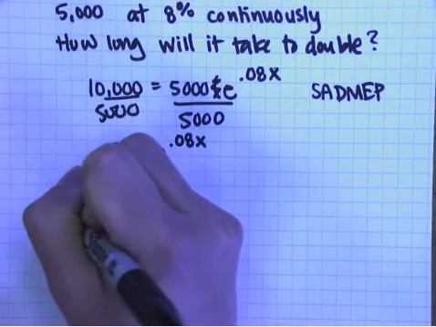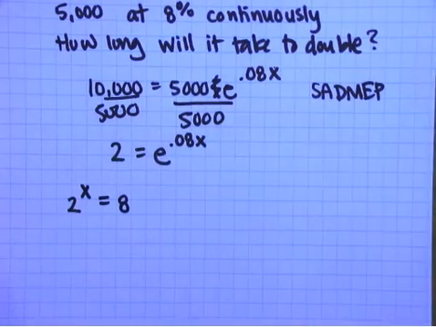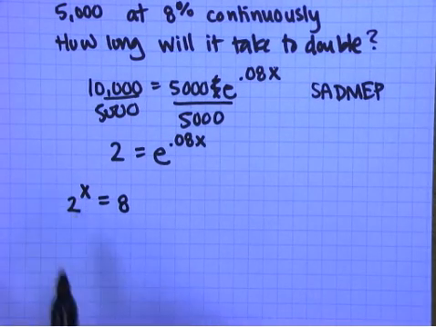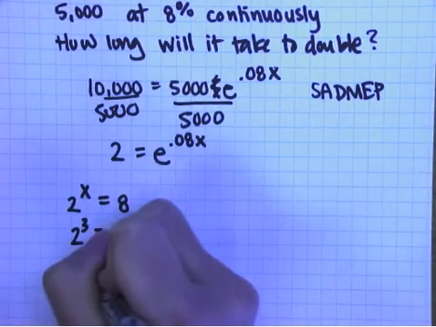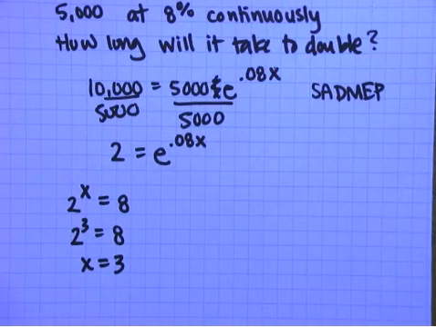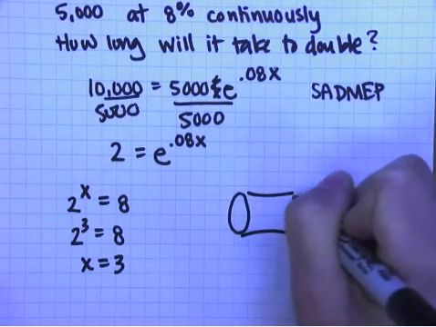Now, if I had something like 2 to the x equals 8, you guys could tell me what x is just because you know something about exponents. You know that 2 to the third equals 8, and so you could tell me, Mrs. Lowney, x must equal 3. Well, a logarithm is a machine that tells you what that exponent is.